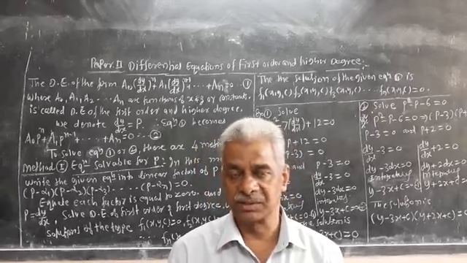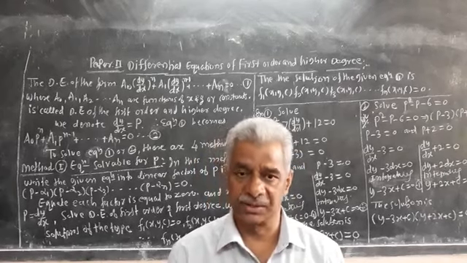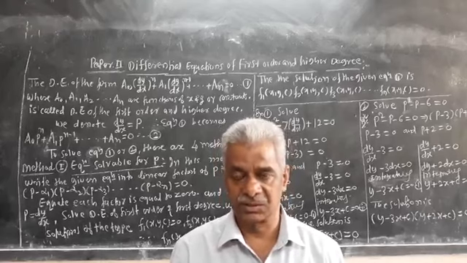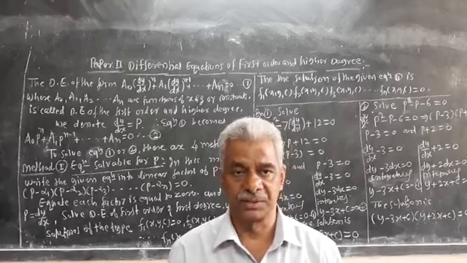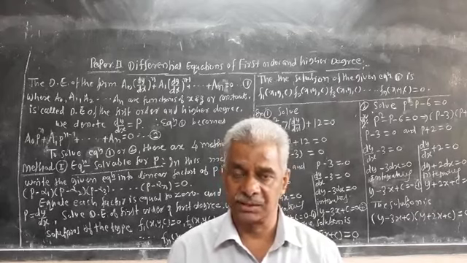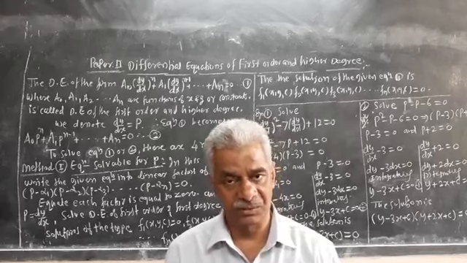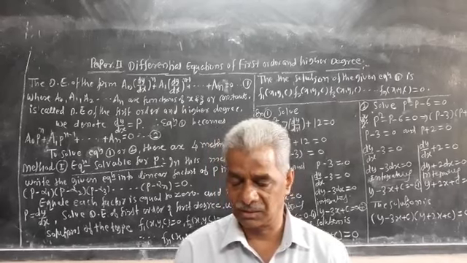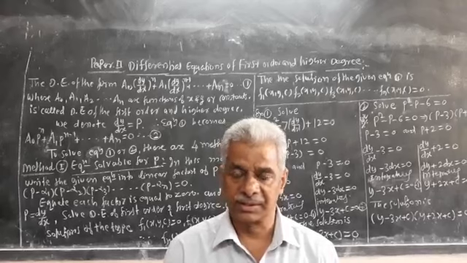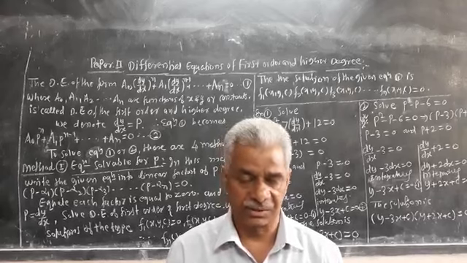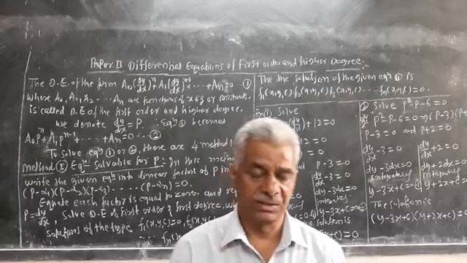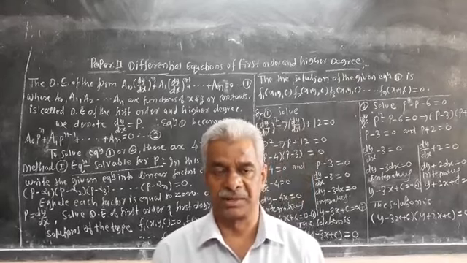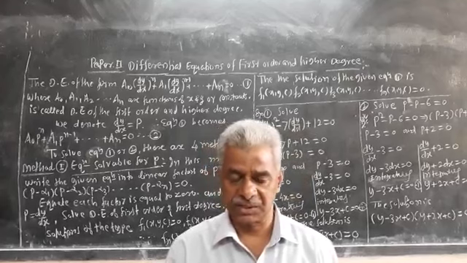To solve the differential equation means we have to find its solution, and the solution is nothing but the relation between the dependent and independent variables along with the constant. The solution is a relation containing x, y and a constant, which is called the solution of the differential equation.